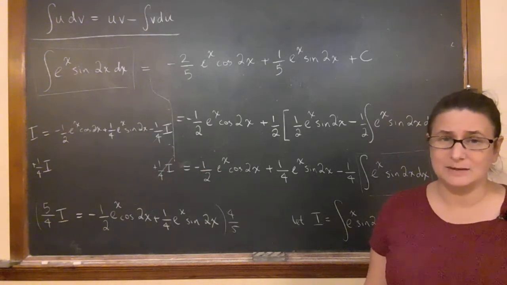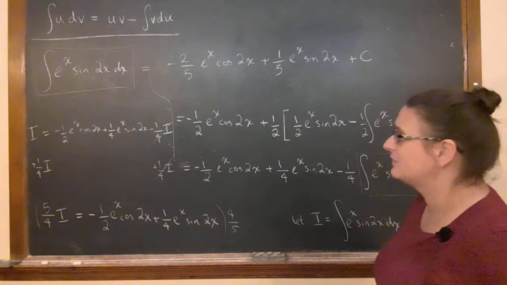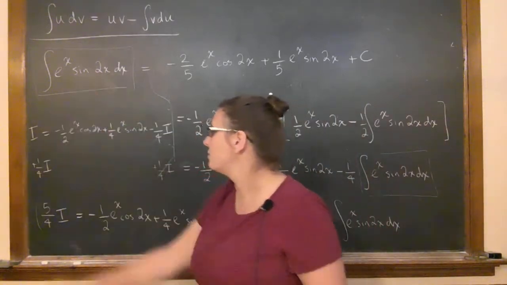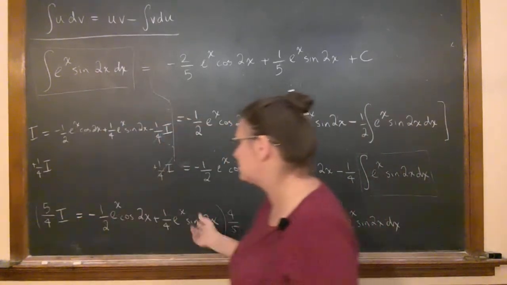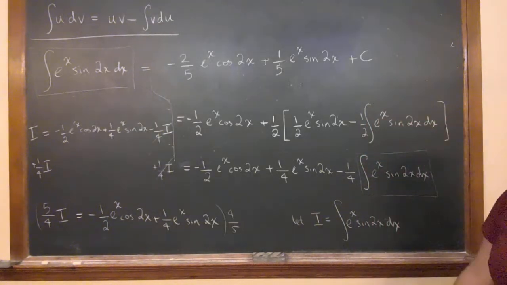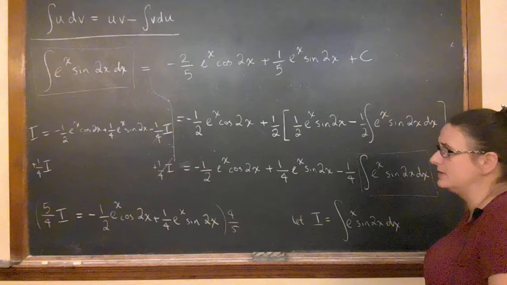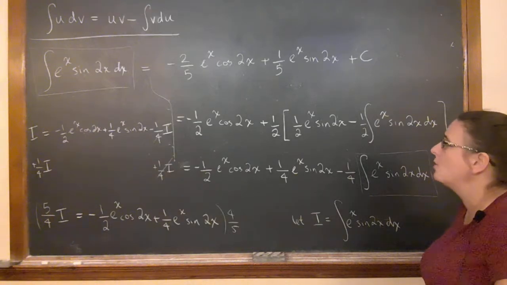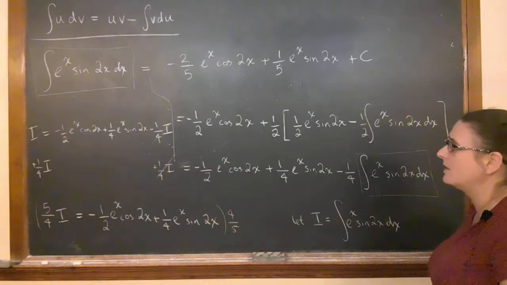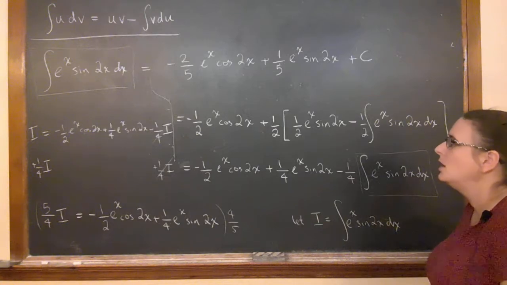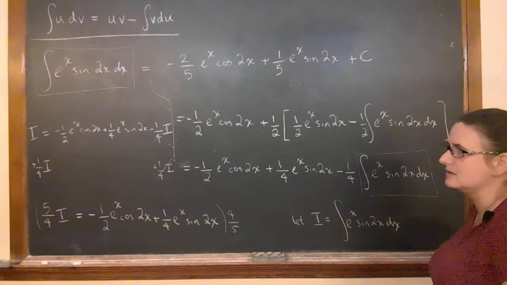If you look at the example they did in the book, I think it's very similar, but it doesn't have the 2, so then you don't have these coefficients. Most of the examples that you might be doing with this, where it comes back to itself, would end up having that coefficient in there.